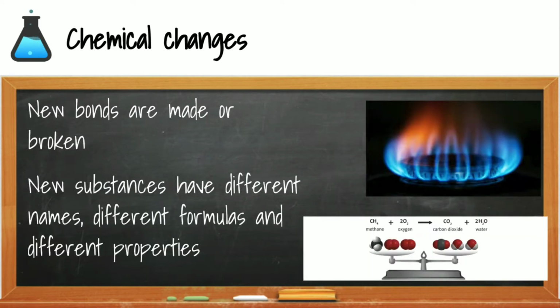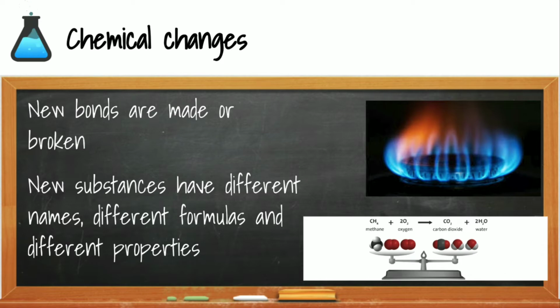Now, during chemical changes in matter, new bonds are created or broken. When we make or break bonds, we create new substances with new names, new formulas, and new properties. So here we have a picture of cooking gas, and if you don't light cooking gas when it's not burning, it has a different smell than cooking gas after it burned because its properties change during this chemical reaction.